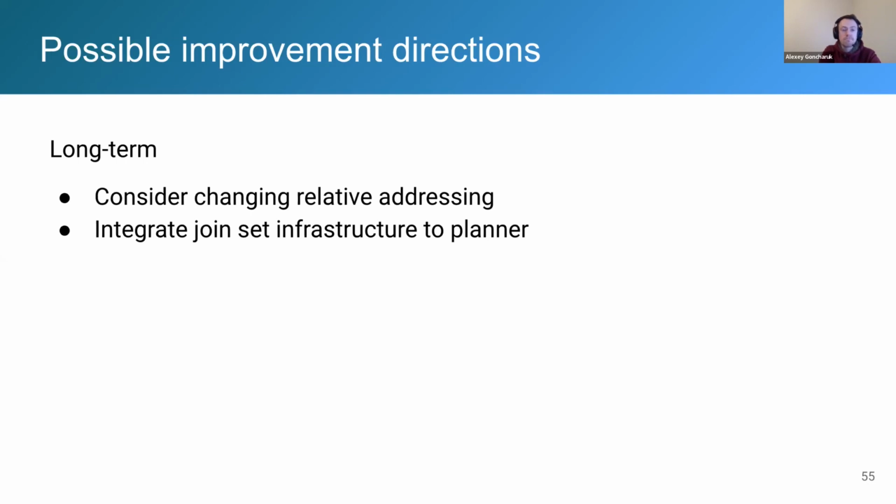And another long-term solution that we can have here is to integrate this join set infrastructure into the core optimizer, which will allow us to implement this top-down enumeration out of the box with Apache Calcite.